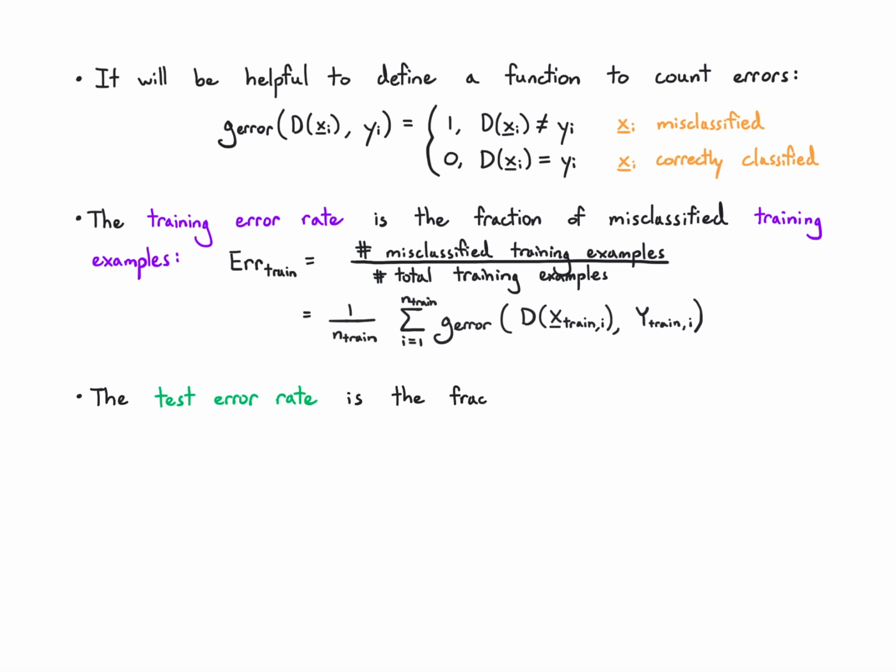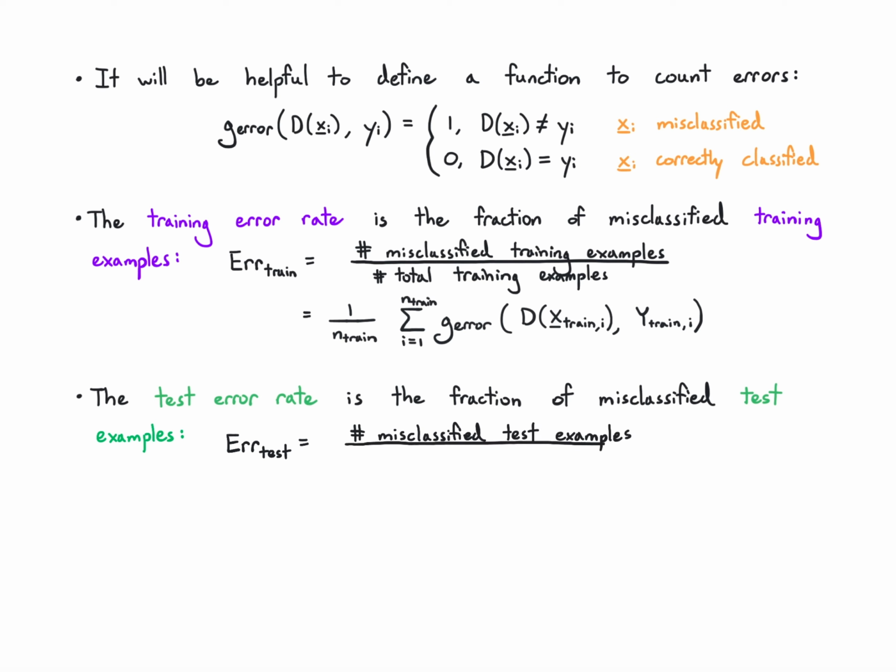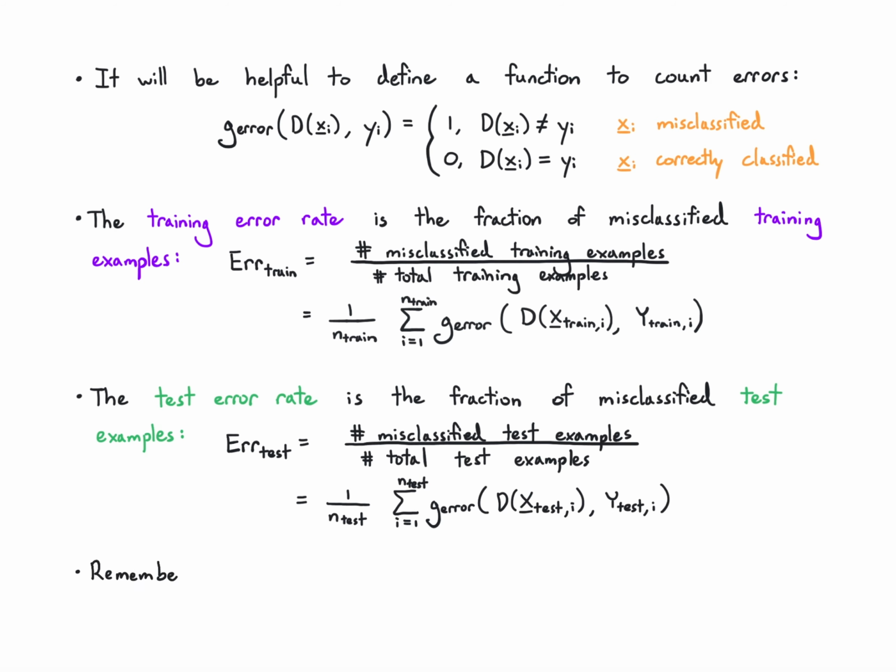Okay, and then if I want to do the same thing for the test error rate, I have the fraction of misclassified test examples, counting the number of misclassified test examples over the total number of test examples. And so that's going to be 1 over n test, summing up from 1 to n test, g error of d of x test versus the true label y test.